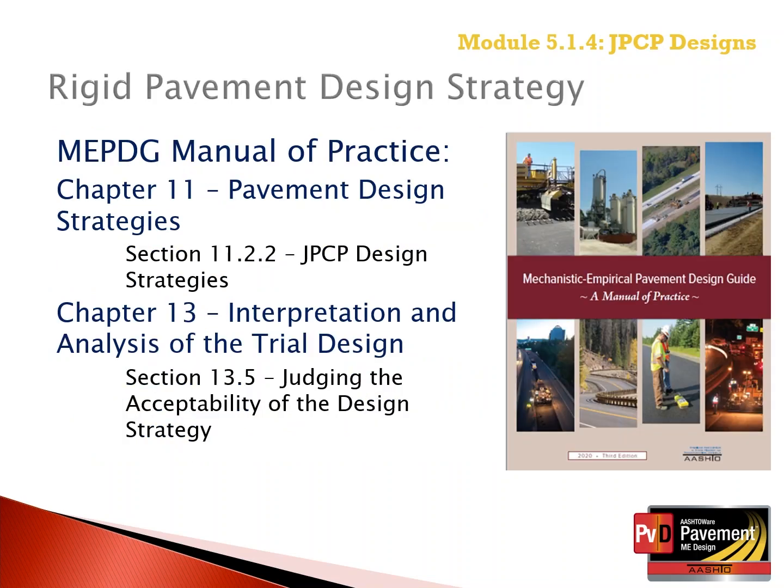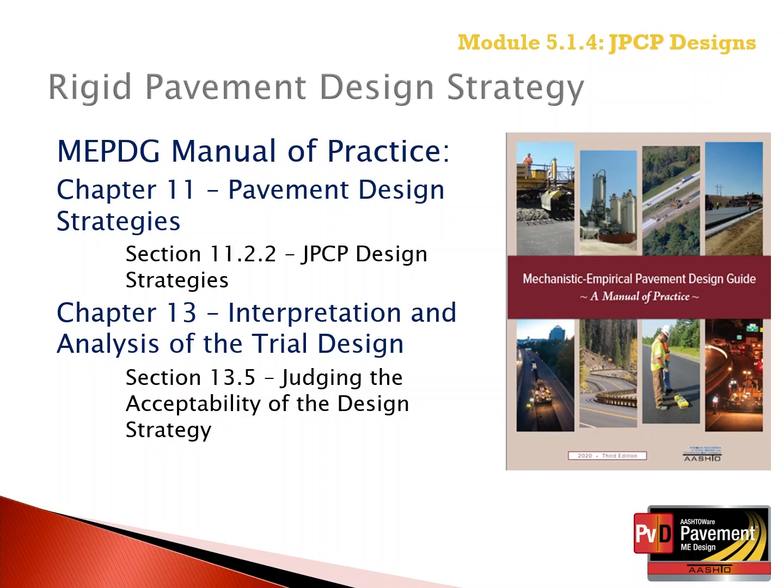Before getting into the details of the rigid pavement design strategies and adjusting the design to satisfy the design criteria and reliability levels selected, there are 2 chapters in the Manual of Practice, chapters 11 and 13, that include information and suggestions for rigid pavement design.